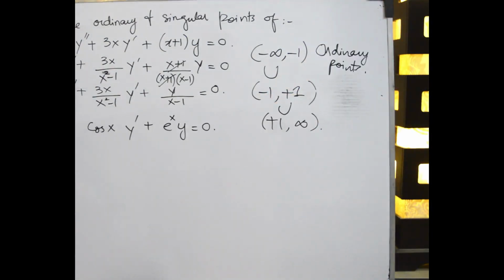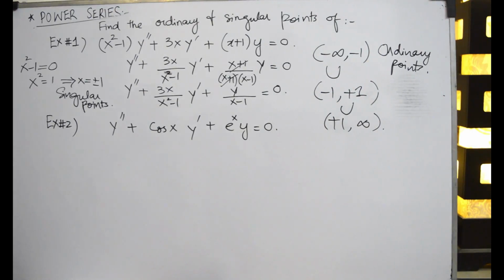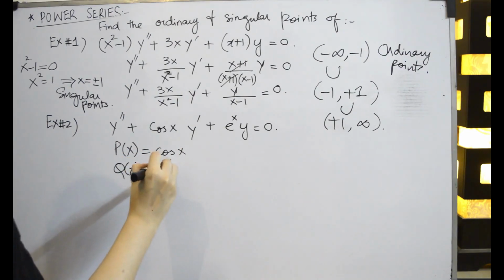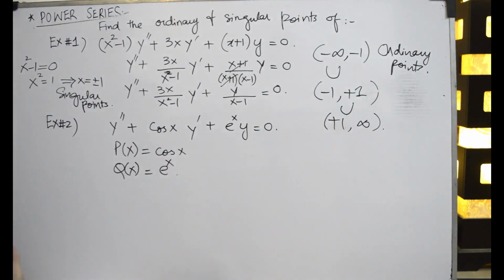Okay. Now we come to our next example, number 2, which is already in the standard form: y double dash plus cos of x into y dash plus e to the power x into y equals 0. So p of x is cos of x and q of x is e to the power x. One is a trigonometric function and the other is an exponential function, and I cannot find any point in the cos of x function that makes the denominator equal to 0, or where p of x or q of x is undefined.